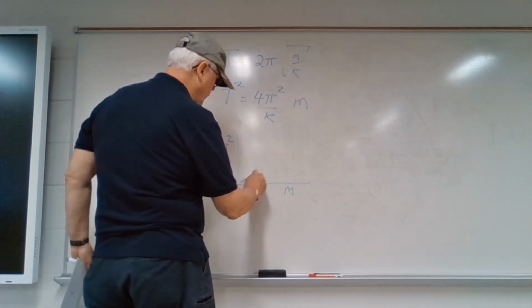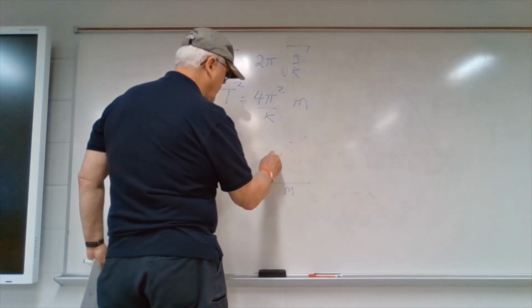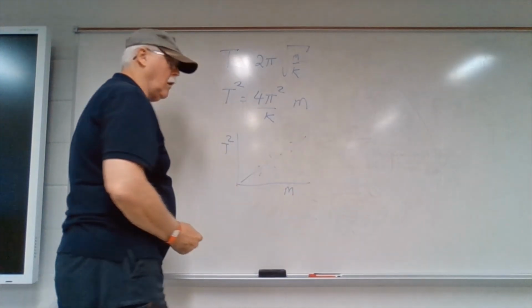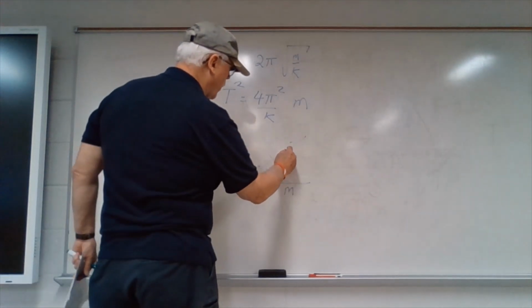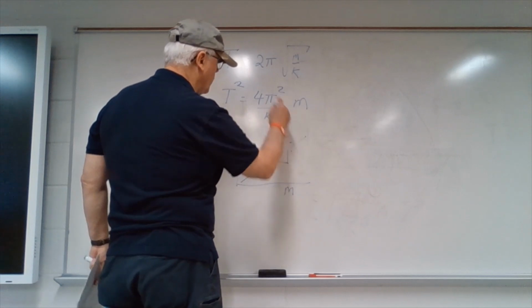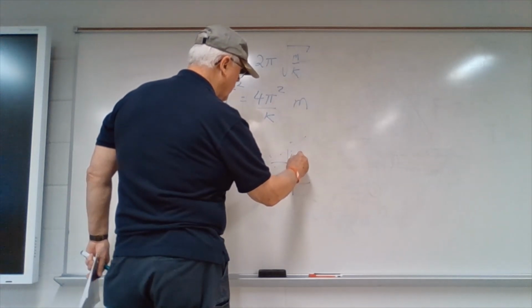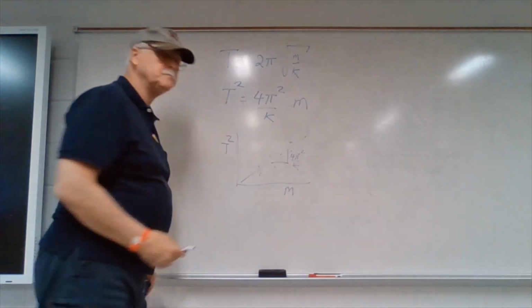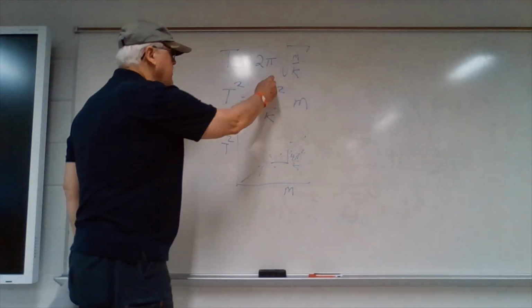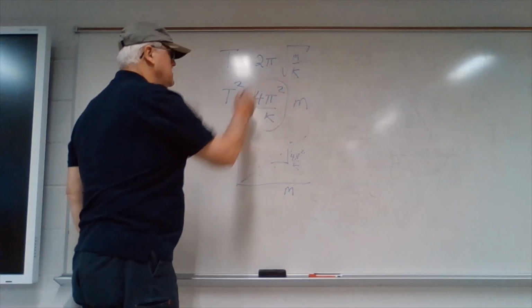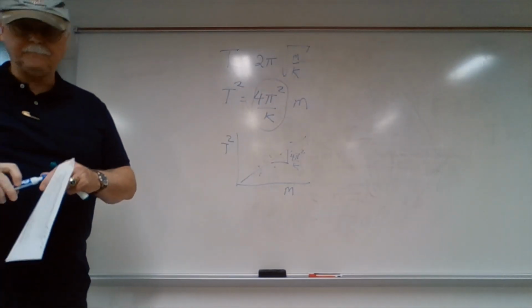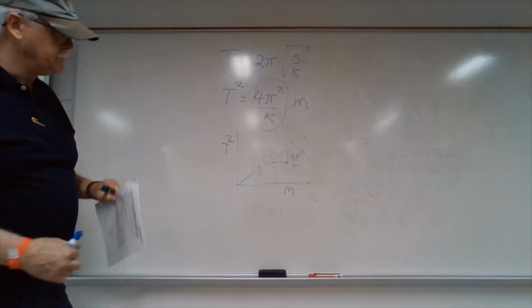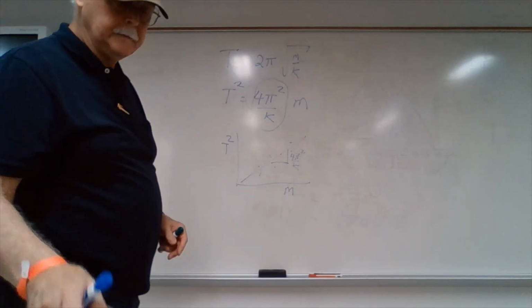You're going to put some data points, and then you're going to fit that line. The slope of this line should be 4 pi squared over k, because that's what this coefficient is right here. Okay? That's pretty easy. We've done it once already.